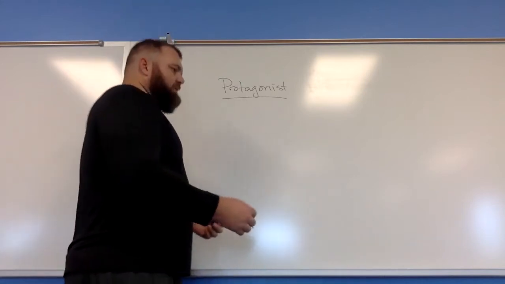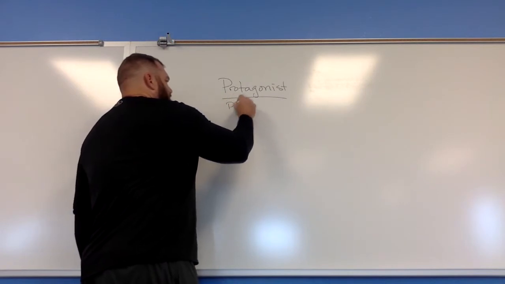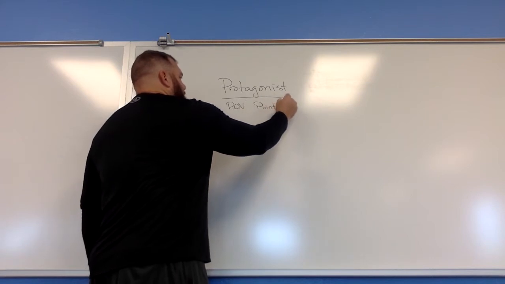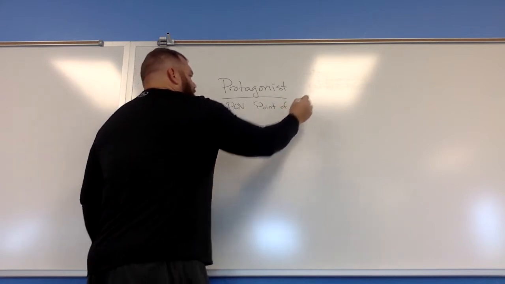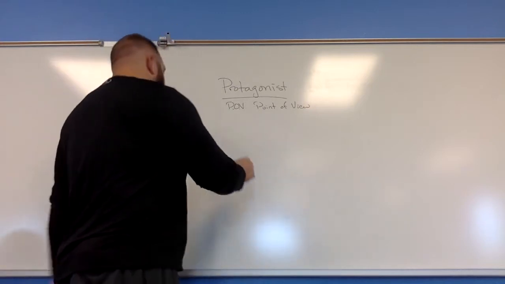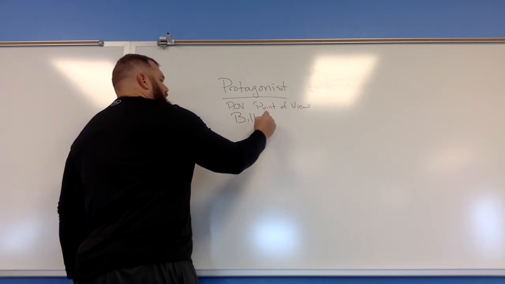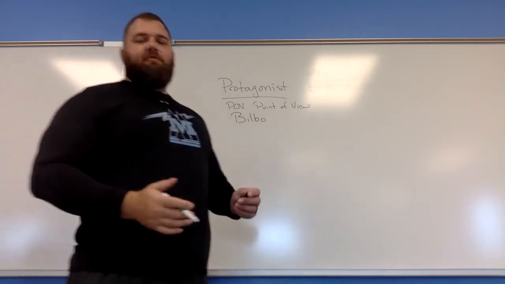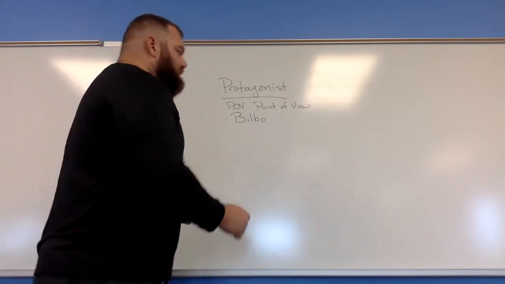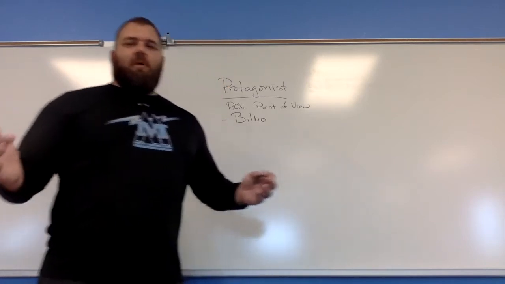I'm pretty sure that the POV, and if you're not familiar with what POV is, that's point of view, the POV throughout the whole Hobbit is that of Bilbo. So really simple for plotting. You have one protagonist, and that is Bilbo Baggins.